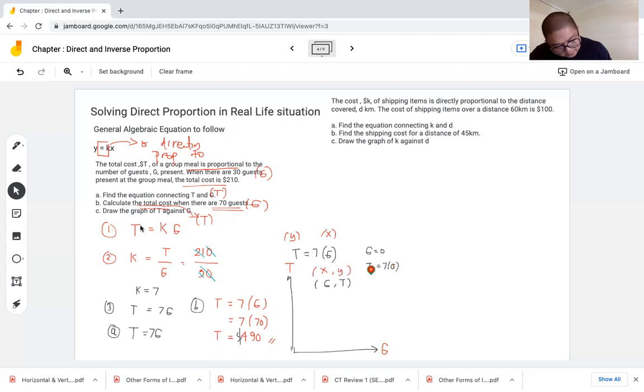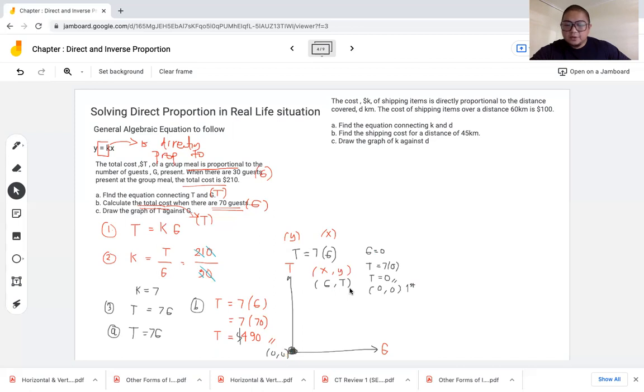So this would mean that your T is equivalent to 0. And the point that you're going to have following this one, G, T, is going to be 0, 0. So that means your first point is going to be at 0, 0. So this is your first point at 0, 0.